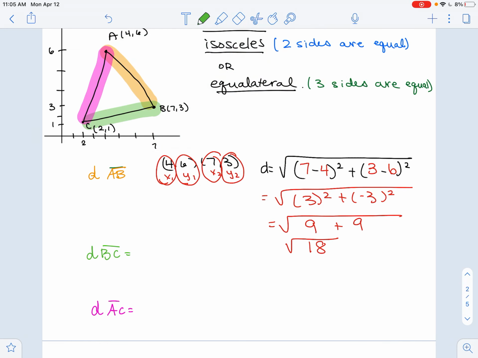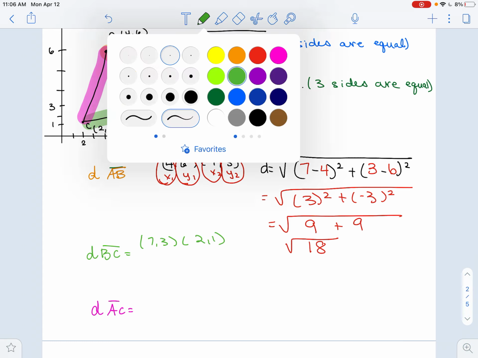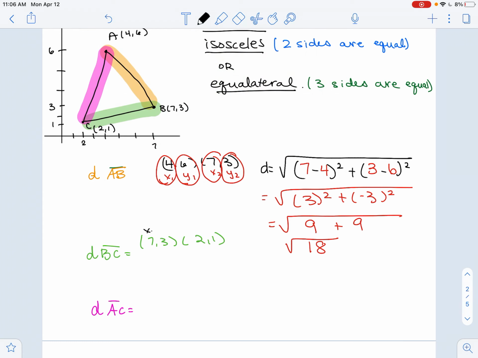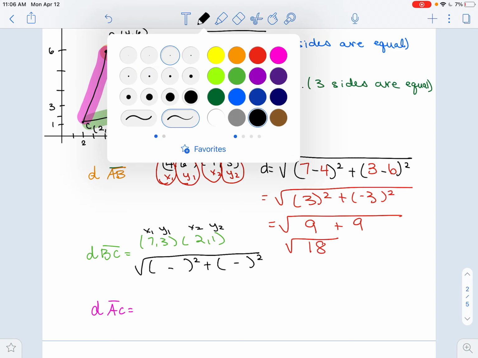BC. So the distance of BC, we have to use the points B and C. So the points for B and C are 7, 3 and 2, 1. So we're going to use those points and we're going to label them X1 and Y1, X2 and Y2. And we're going to say, well, we know the distance is, and I'm just setting this up because I know that each quantity is squared and there's a minus in the middle of each quantity and then a plus in the middle of the two.